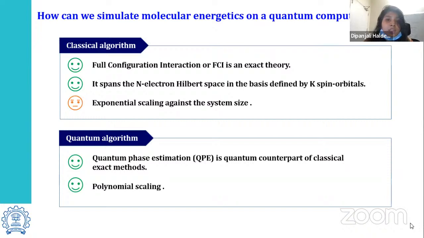Like the full configuration interaction, the FCI, is an exact theory because it spans the n-electron Hilbert space defined by k spin orbitals. It is exact, but comes at the cost of exponential scaling against the system size. Whereas quantum algorithms like the phase estimation technique are capable of performing an FCI calculation with polynomial scaling.